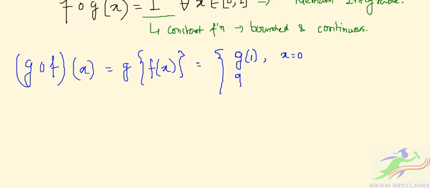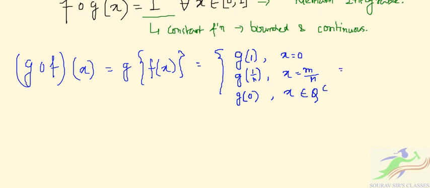So g will be 1 by n when f(x) is rational, m by n, and g of 0 when x belongs to the irrationals. So this is the g∘f for this particular f(x) value we put over here, the condition we have set.